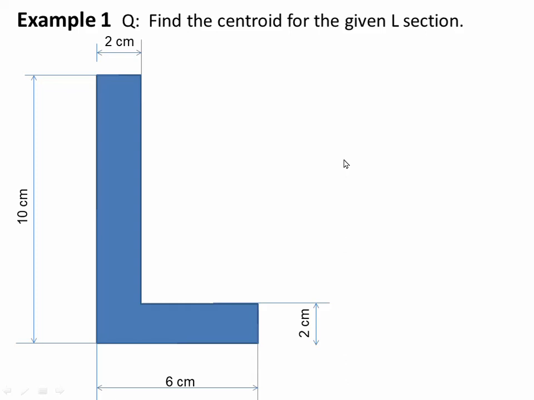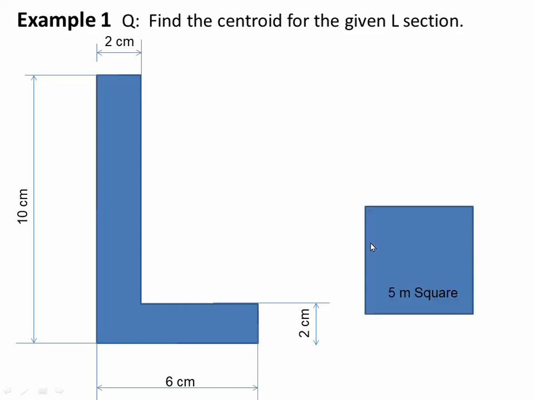Hello everyone. In this video I will explain how to find the centroid, meaning the center point, for this L section. Generally when the picture is a simple one like this, a 5 meter square, it is easy to calculate the center point.